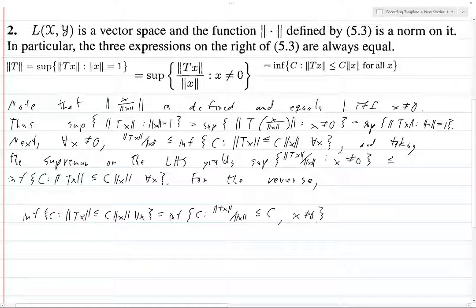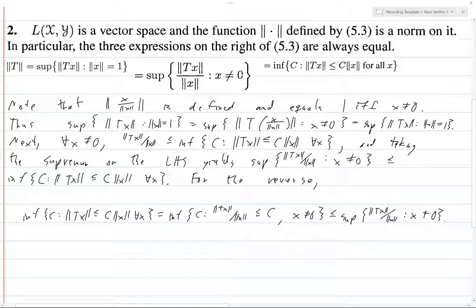The infimum over all c such that this happens certainly is going to be less than or equal to a particular c that satisfies this. And here's a particular value that will satisfy it: the supremum over all norm tx over norm x such that x is not equal to 0. Since this is the supremum, if you plug this in here, for every single x not equal to 0, norm tx over norm x will be less than or equal to the supremum, because this supremum is defined to be the supremum over all such things.